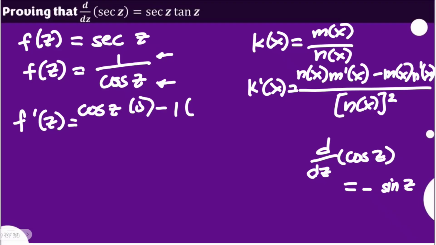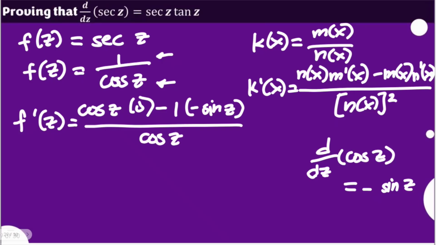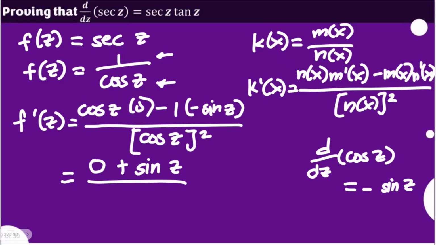So times negative of sine z all over cosine z squared, by the way, I forgot. The square of cosine z. Now, if we're going to continue with this, cosine z times 0 is 0. The negative times negative is plus sine z all over the square of your cosine z.